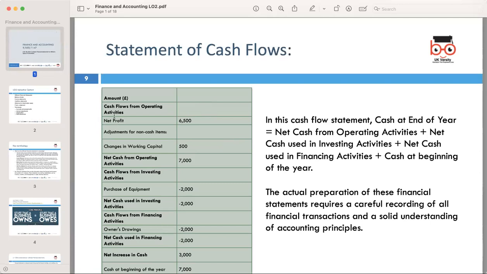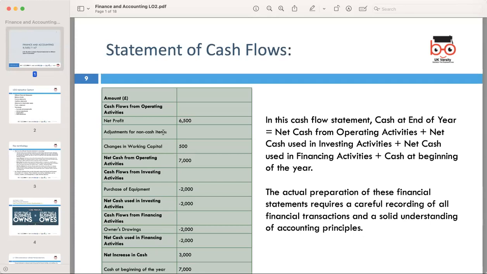This first section of the cash flow statement is dedicated to the cash flow from operating activities. It reflects the cash generated or consumed by the company's core operations. In our example, you can see that net profit is £6,500.